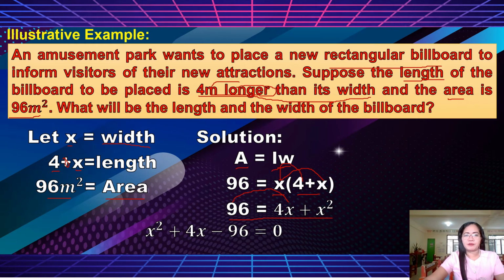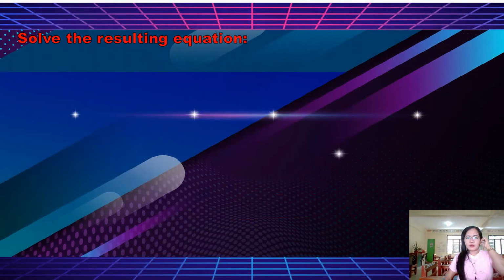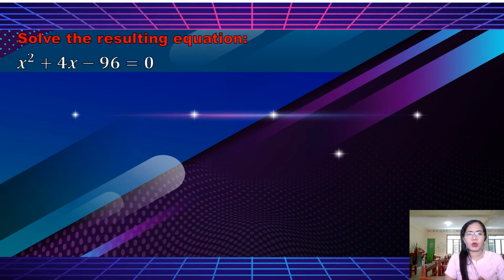Next, let's proceed to the next step. We're going to solve the resulting equation. This is now our equation. How are we going to solve for the values of x, or its roots? We have four methods in solving a quadratic equation, and we can use any of the methods except extracting square roots.